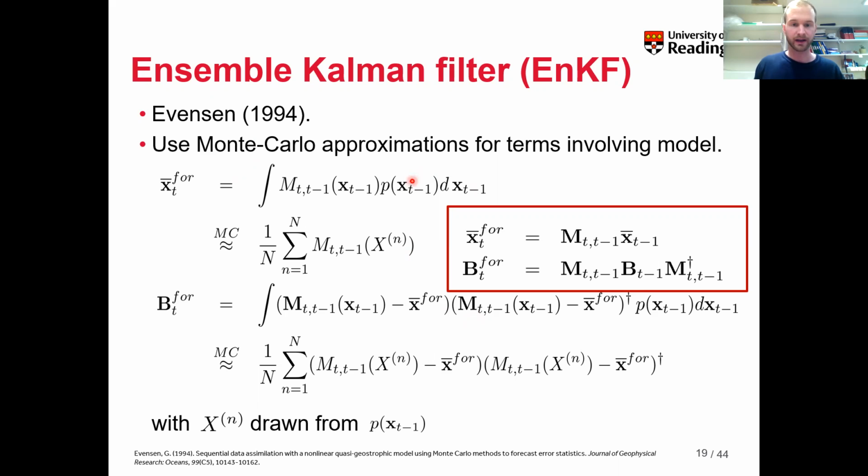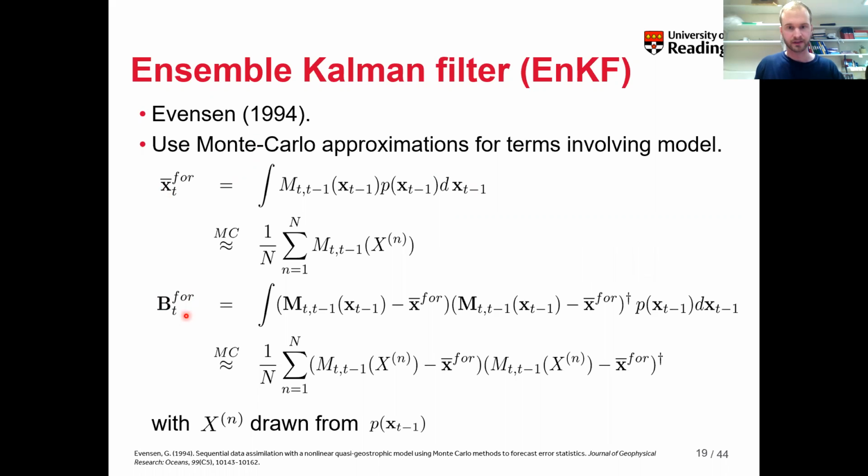And you do so by drawing samples from your previous probability distribution, and then apply the model to those samples, and then take the sample average, or the sum divided by the number of samples, to get your forecast mean and forecast covariance.